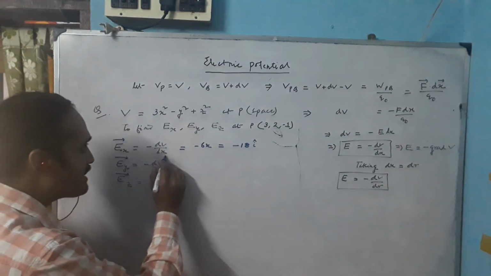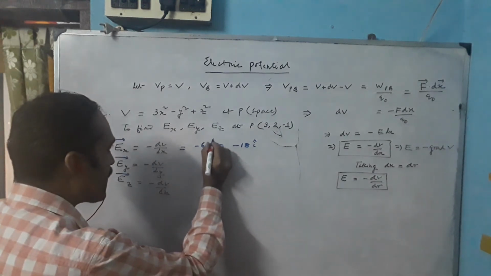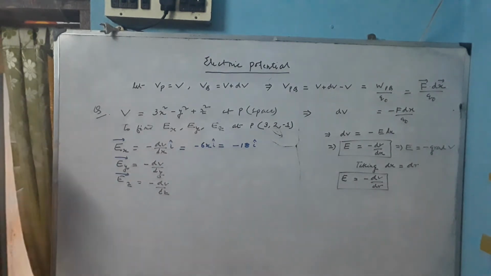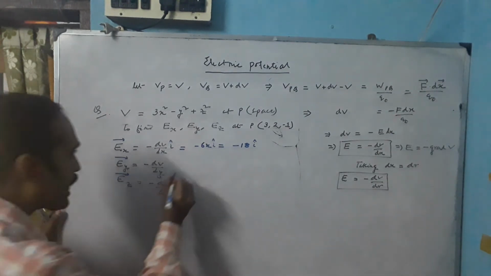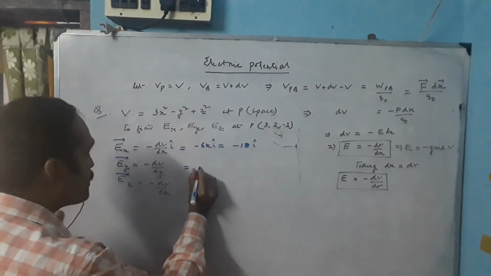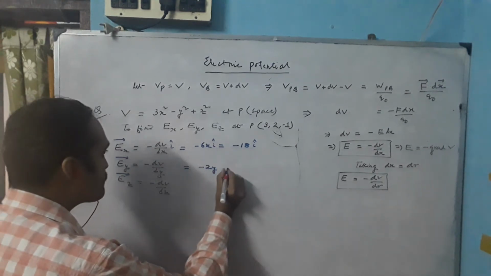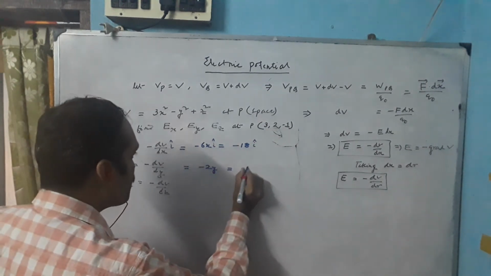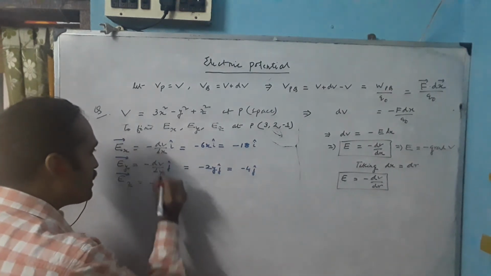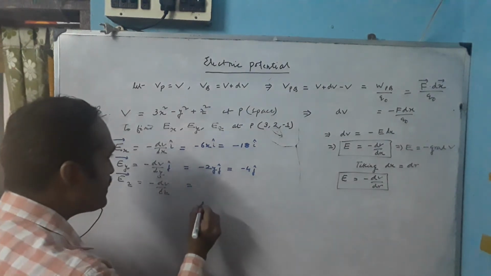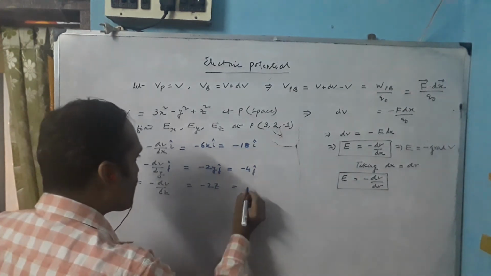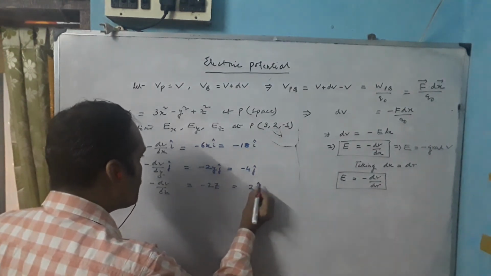We know that along the x-axis the unit vector is i cap, hence I have written i cap here. I think I am clear to you all. Similarly, on differentiating V with respect to y, we will get minus 2y. Now put the given coordinate of y and similarly the unit vector. And for dV by dz, 2z with a negative sign, put minus 1 here and the unit vector.